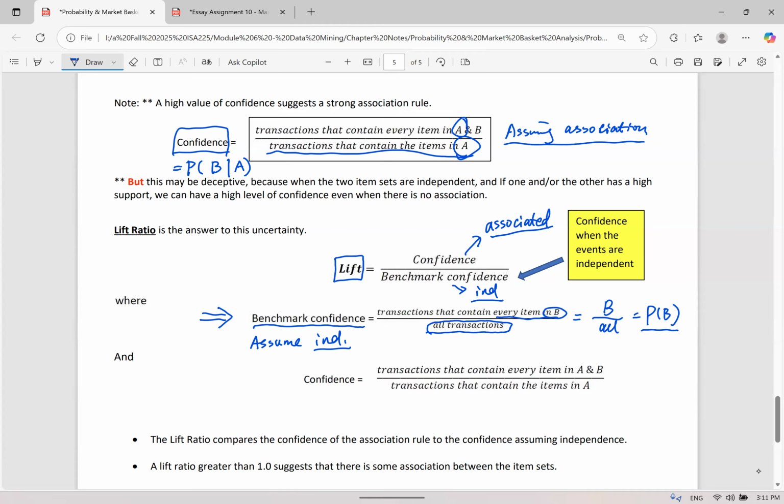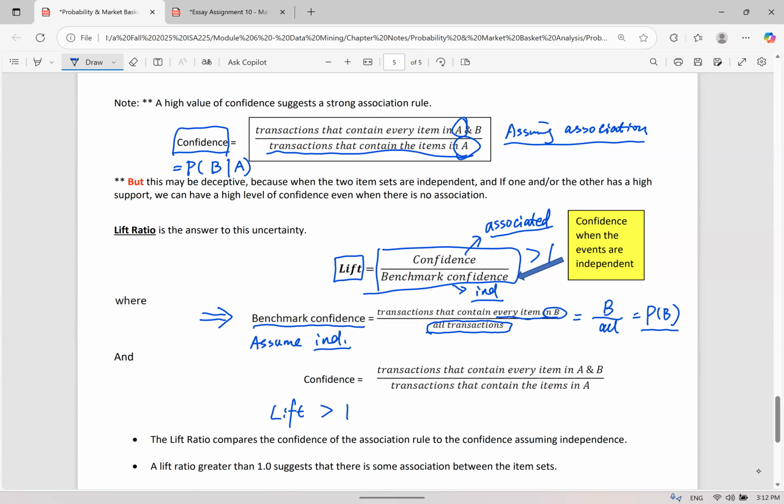Now if we take the ratio of these two kinds of confidence, think about the case: what if the lift ratio is larger than 1? What does that mean?